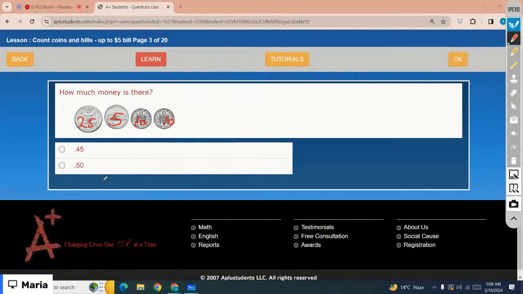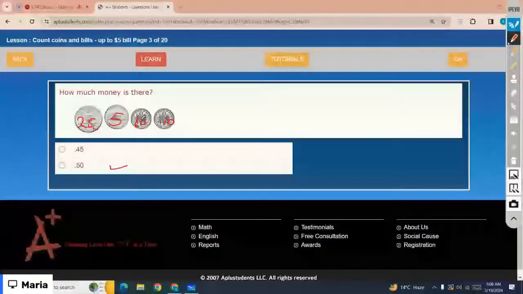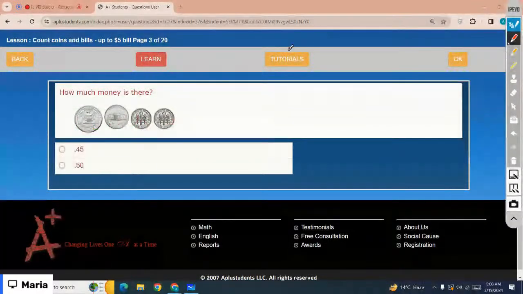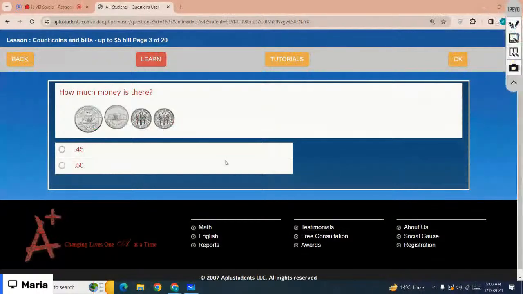The correct option is 50. Just add them all, 25 and 10, 35, 45, and 5 is 50. The correct option is 50 cents, right? Option number 2 is the correct option. Got it?